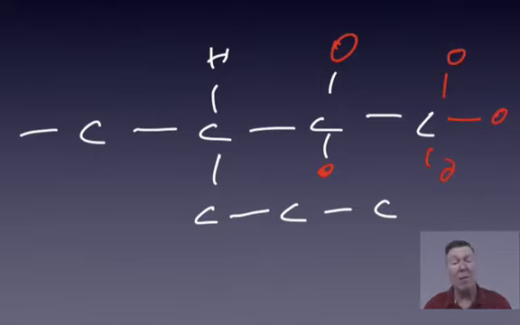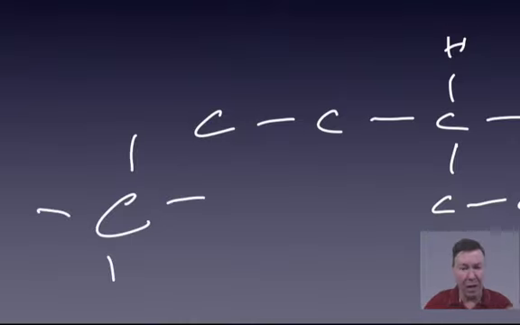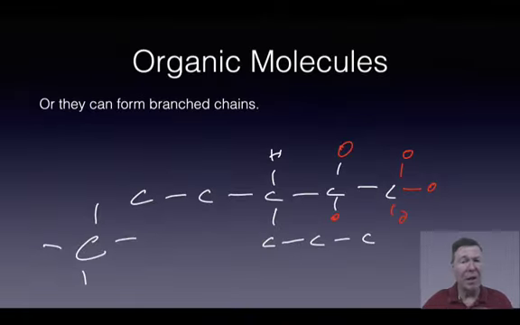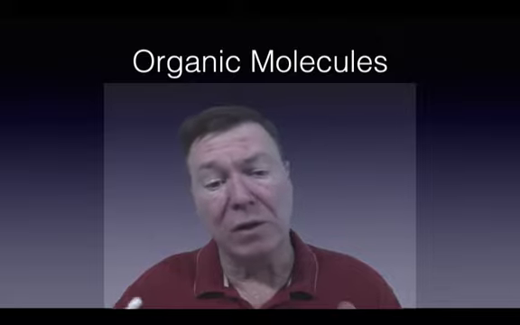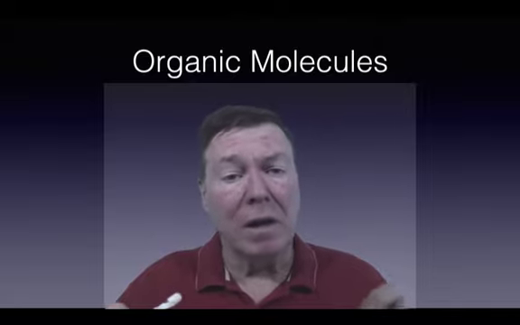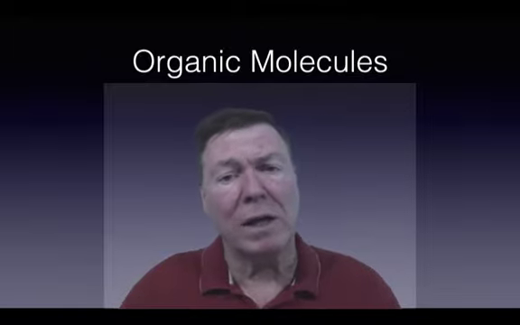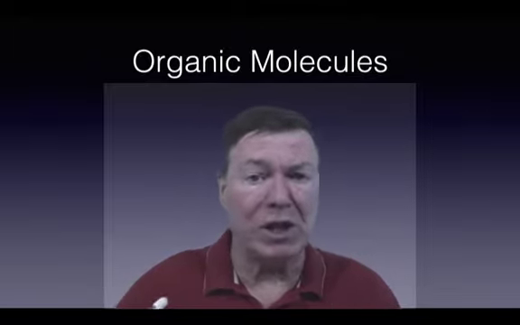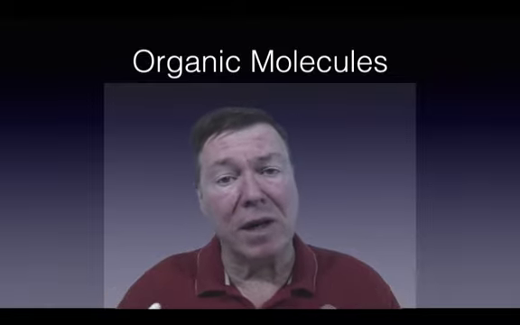But every one of the carbons would have 4 bonds attached to it, because the 4 outermost electrons allow 4 bonding sites. This is going to be the basis of all the molecules that we talk about in the future of this class, the structure of carbon. So keep that in mind when I talk about rings or branch chains or chains. It's because of the bonding sites in carbon.